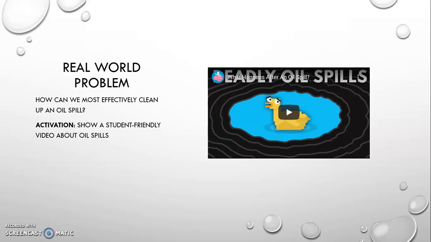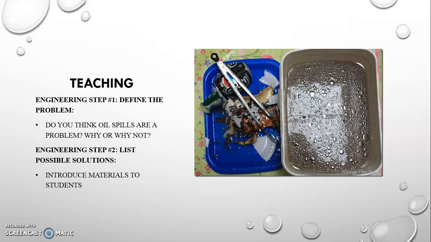And my activation for this lesson would be to show a student-friendly video about oil spills. This video breaks down oil spills in a way that my students would understand. It explains why they happen and what happens to animals and other things in oceans and big bodies of water when there is an oil spill. So I would go ahead and play this for them to start my lesson off.